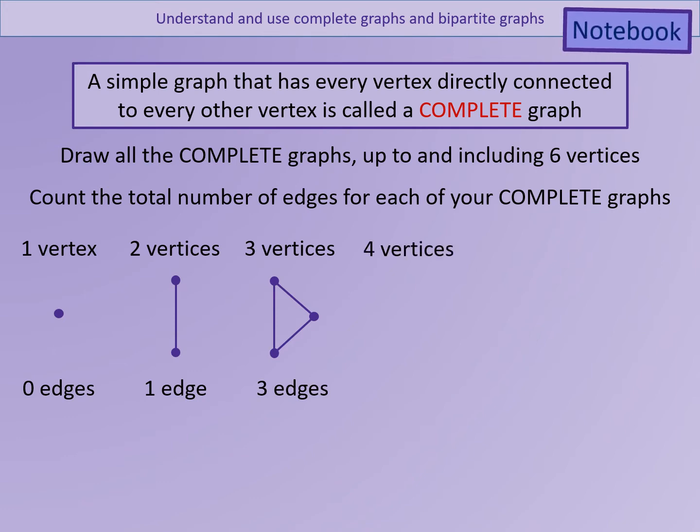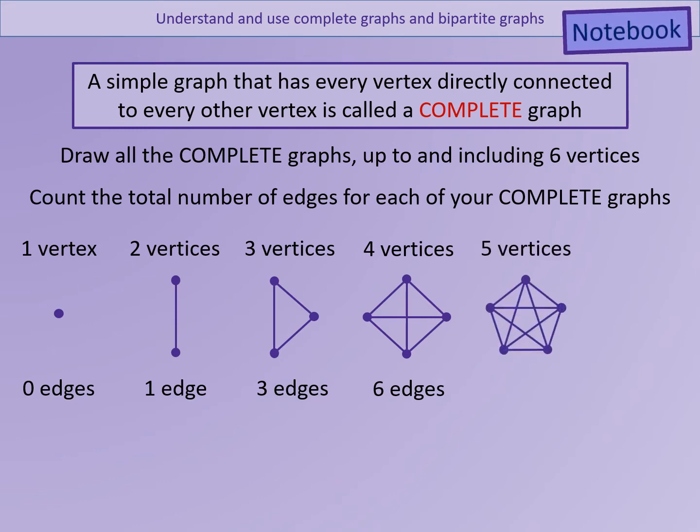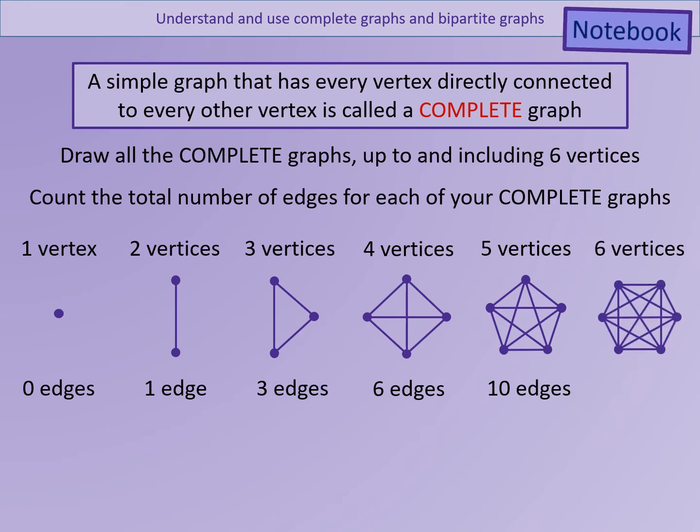The complete graph with 4 vertices requires 6 edges in order for every vertex to be connected to every other vertex. For 5 vertices, we need 10 edges. And for a complete graph on 6 vertices, we need 15 edges. Now, there is a formula for this.